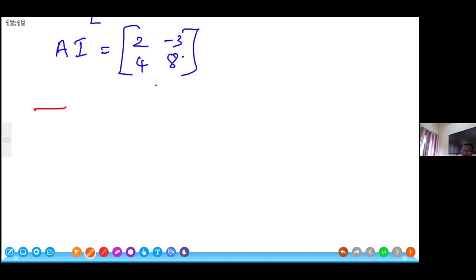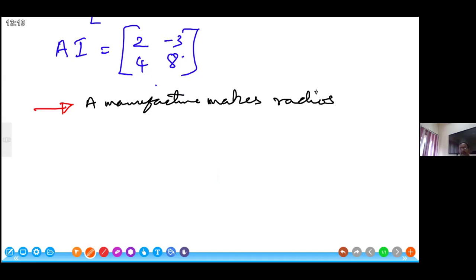Take an example. Let's say a manufacturer makes radios. Nowadays, radios are not popular.